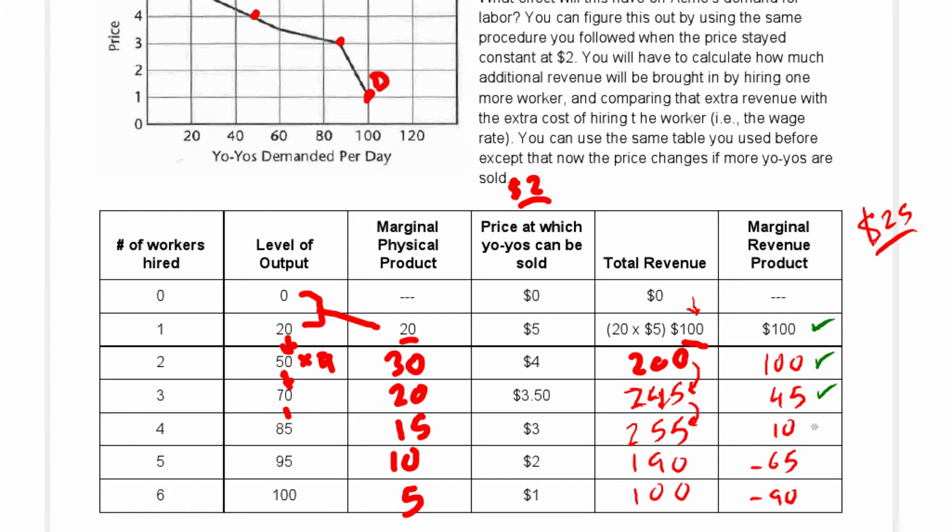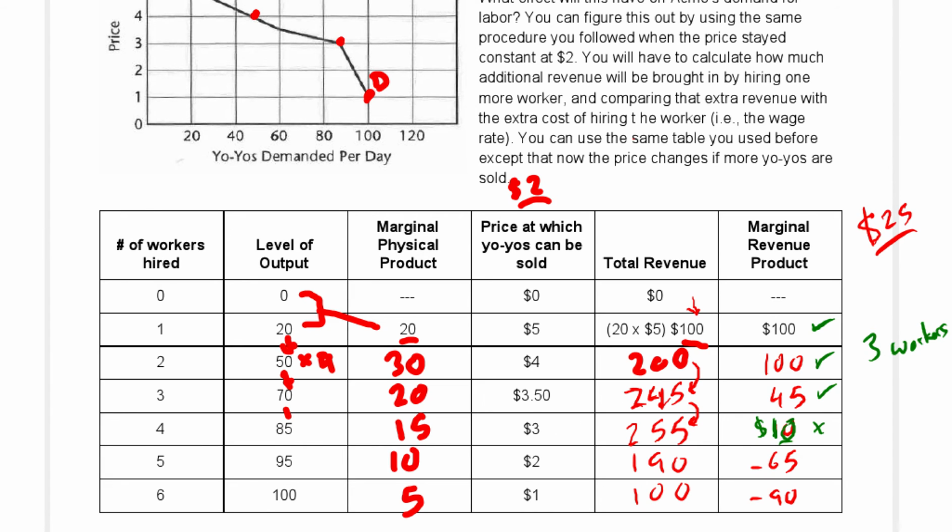But I am not going to hire a fourth worker because it's really not worth my while to produce more. If I have to pay this person $25, they're only getting me $10 worth of yo-yos, and I can live without that. So I'm going to hire 3 workers.